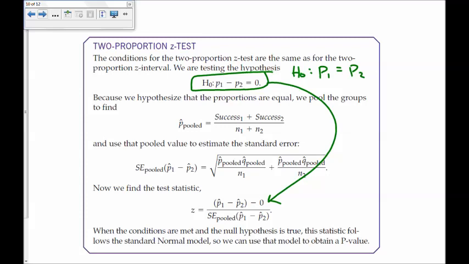Then we're using a pooled value, which is the total number of successes over the total number of people, or sample size. And here's the standard error, and then here is the test statistic. It should look very much like x minus mu over sigma, where mu is 0, because that's what it's hypothesized to be. X is the difference that you saw in the samples, divided by the standard error from the pooled values.